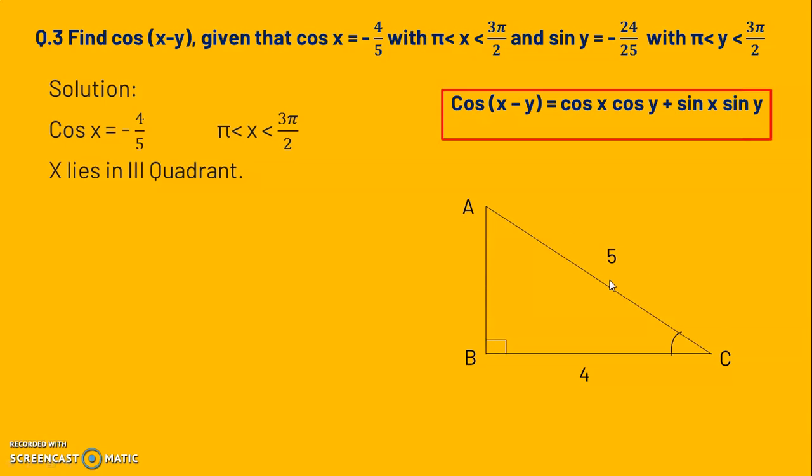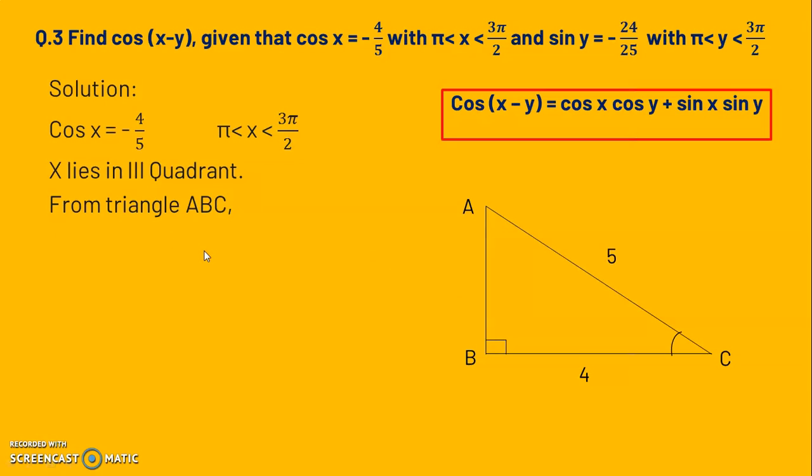Now we are going to find the opposite side AB. What formula is used to find the opposite side when hypotenuse and adjacent are given? Opposite side is equal to the square root of hypotenuse square minus adjacent square. This is the Pythagoras theorem formula.